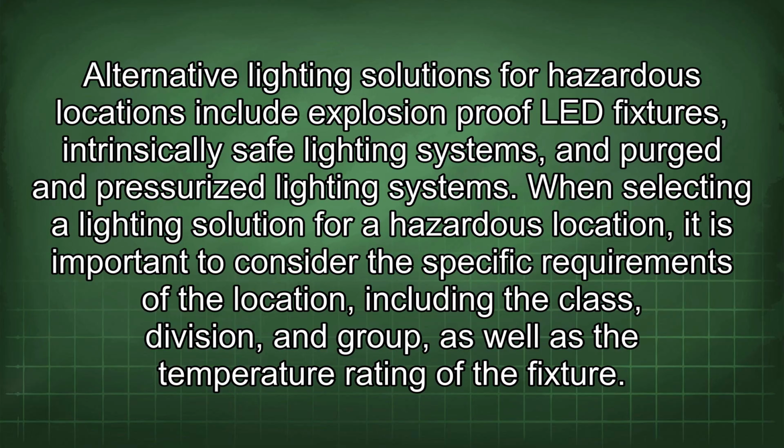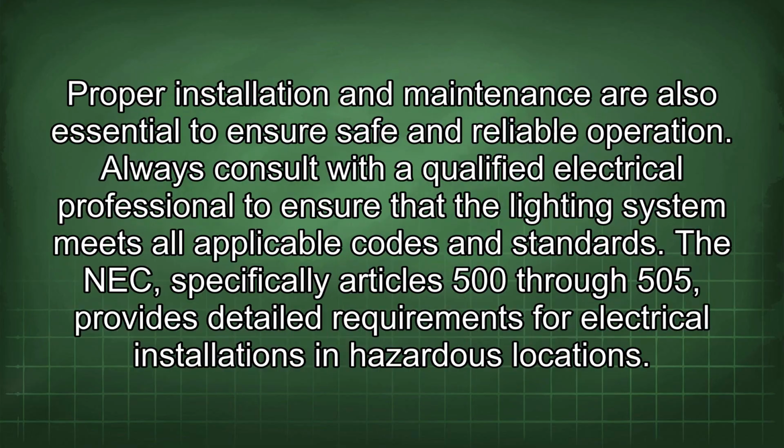When selecting a lighting solution for a hazardous location, it is important to consider the specific requirements of the location, including the class, division, and group, as well as the temperature rating of the fixture. Proper installation and maintenance are also essential to ensure safe and reliable operation.